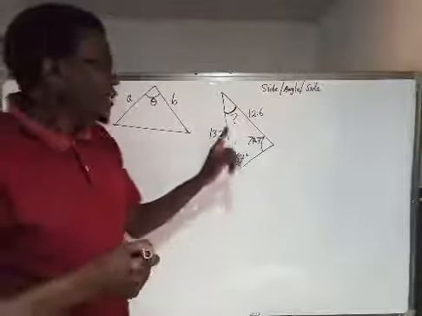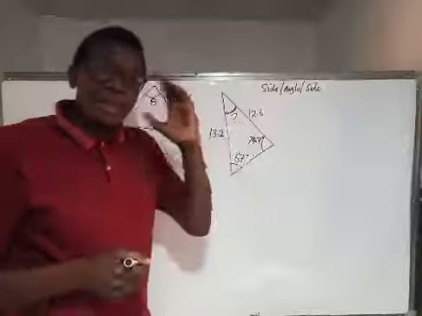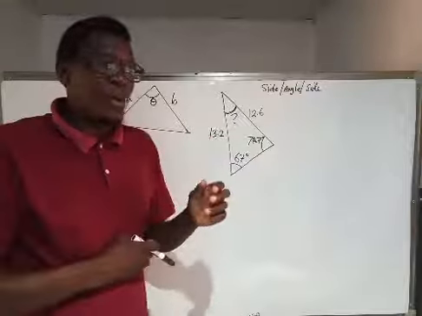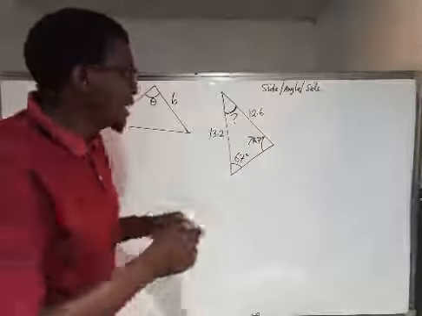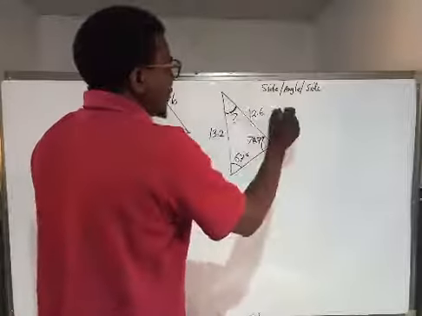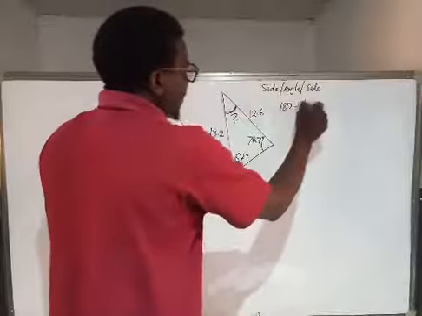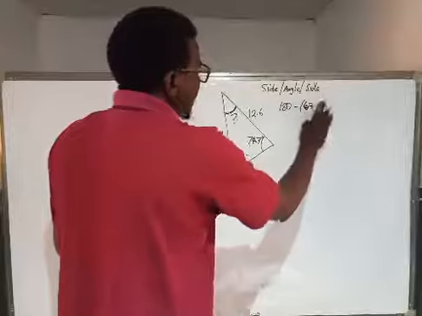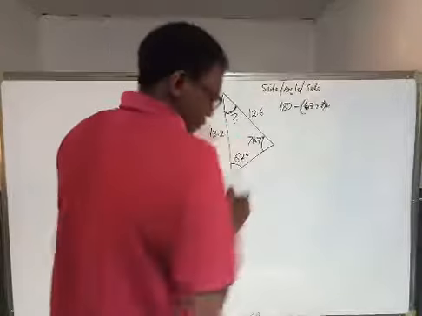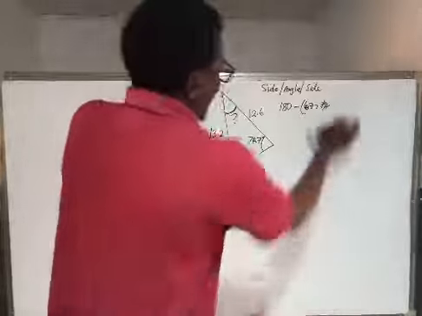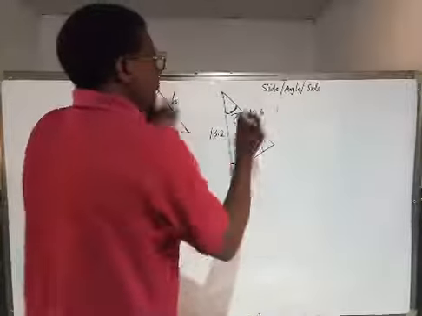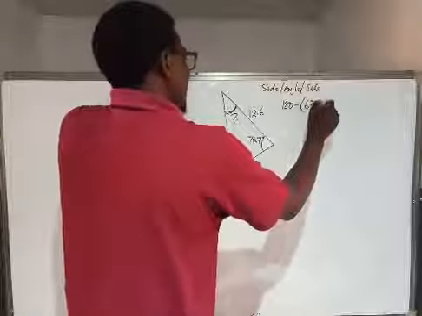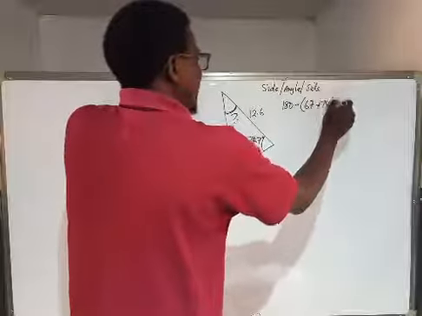The concept here is that you must always remember that angles in a triangle sum to 180. They add up to 180. Meaning that to find this angle, it will be 180 subtract 67 add 74.7.